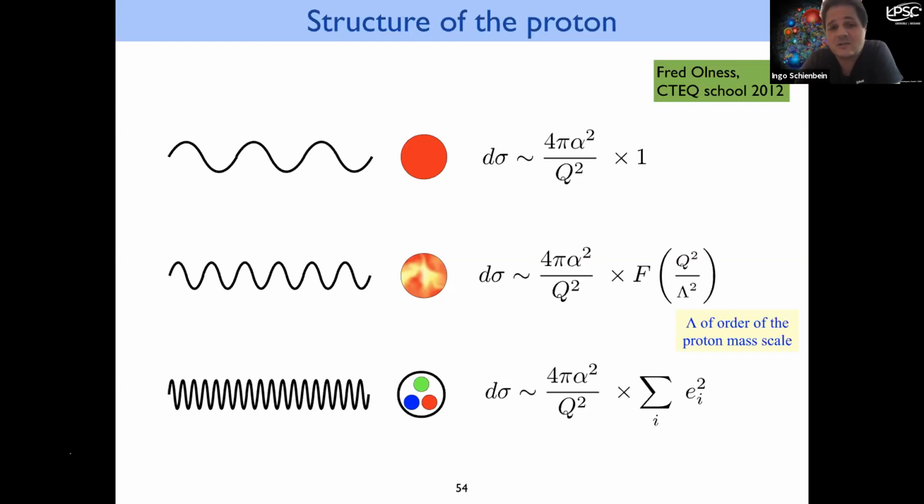You really increase the energy so that you probe the substructure at small distances. And you don't have a form factor f, which falls off quickly, but you have the charges squared of these constituents. So no Q squared dependence in first order. And that would then be scaling.